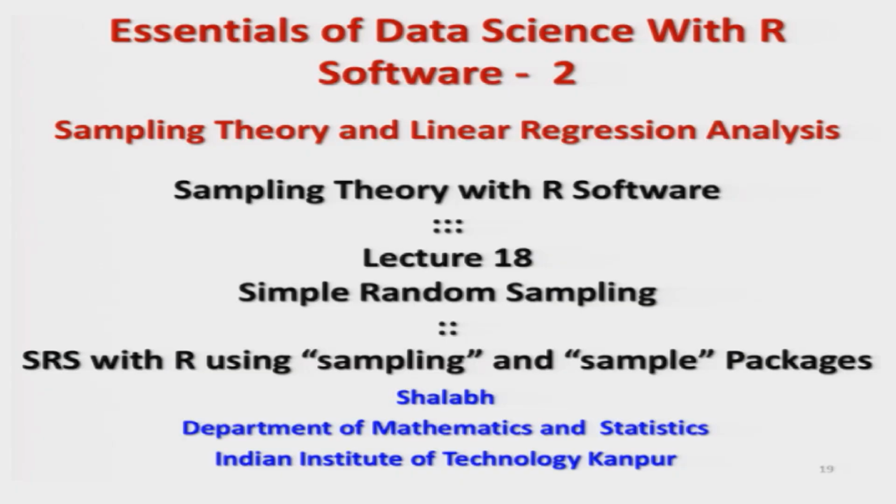You may recall that in the earlier lecture, we considered the package sample to draw the samples using simple random sampling without replacement and with replacement cases. In R, usually a job can also be done by some other package. Why?